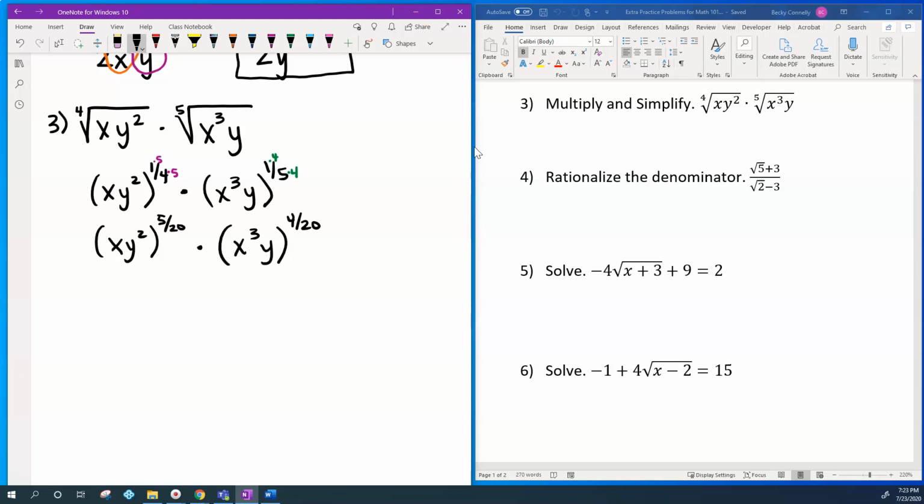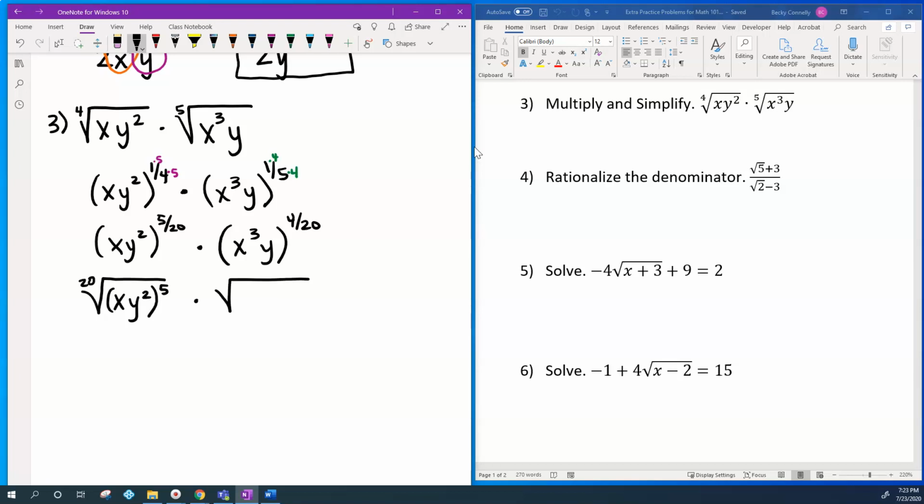I think you guys understand how to do that distributing part, but if we did change this back to radical form now, right, our root is 20, and then we have this xy to the second all raised to the 5th power, right? Remember how changing that from that fractional exponent to the radical, right? That's where 5/20ths is.